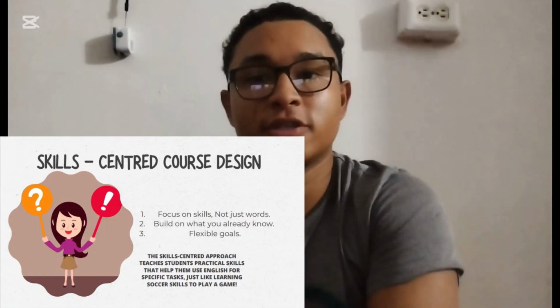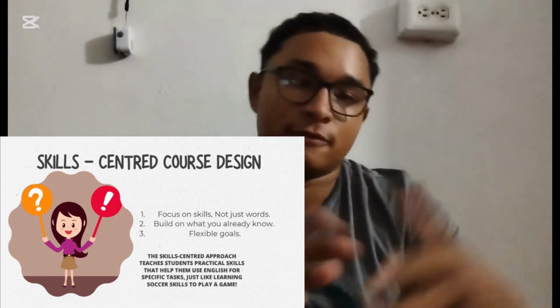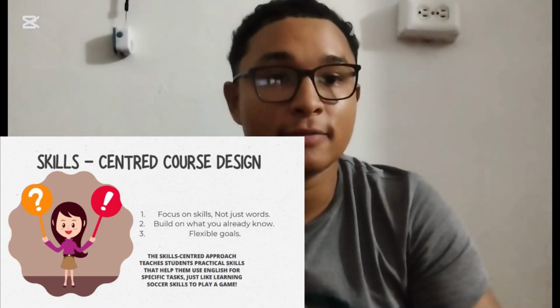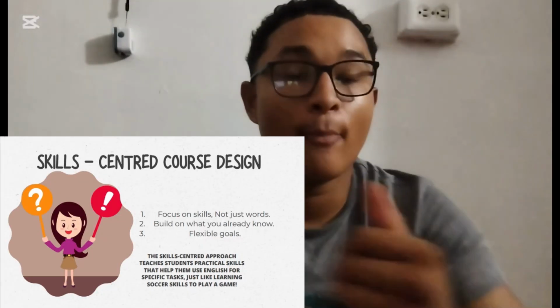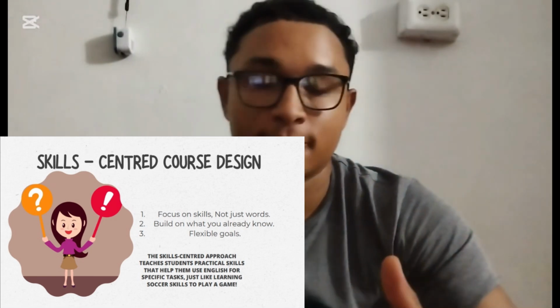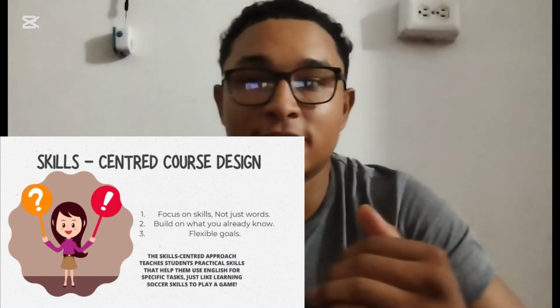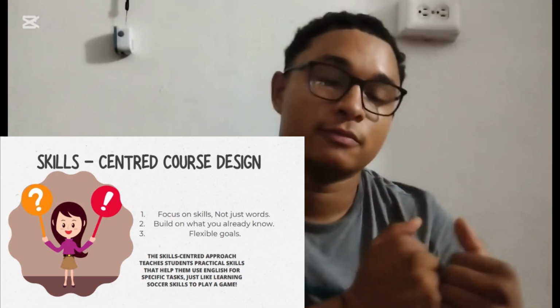And the third one is flexible goals. Basically, that means open goals. For example, a student that is learning how to read a book in English doesn't have to understand every single word. They just need to understand the main idea of the book.